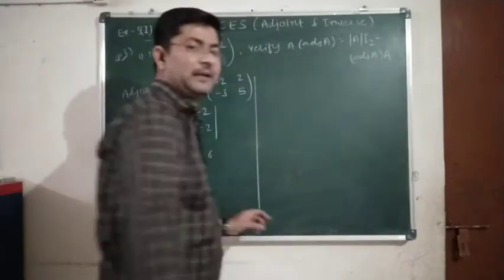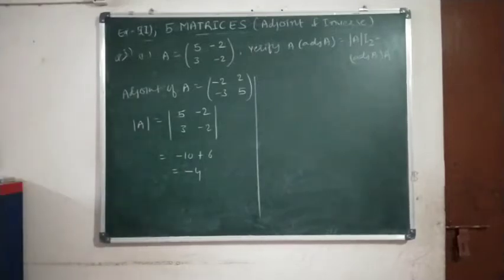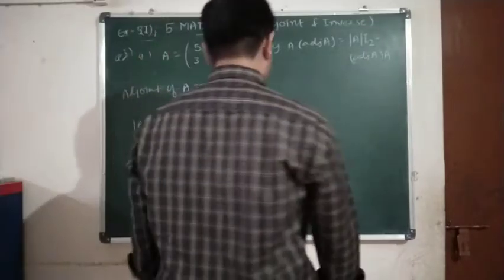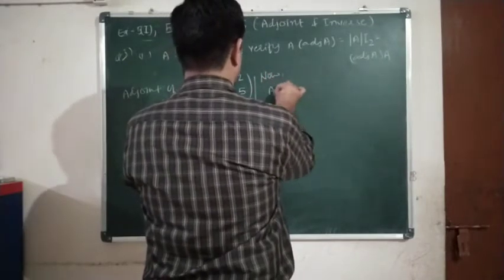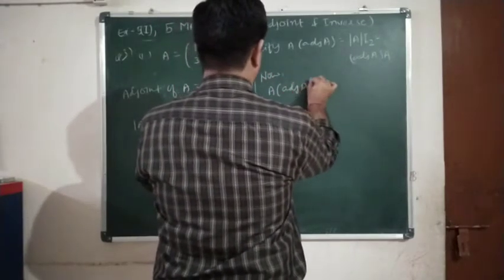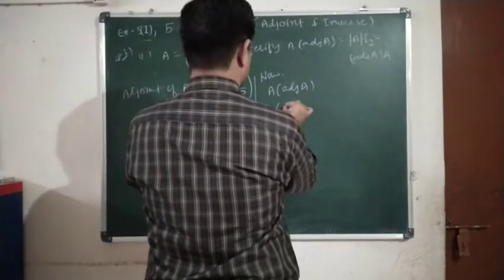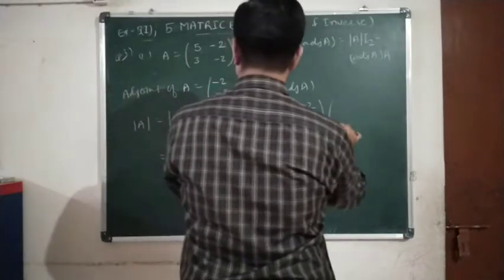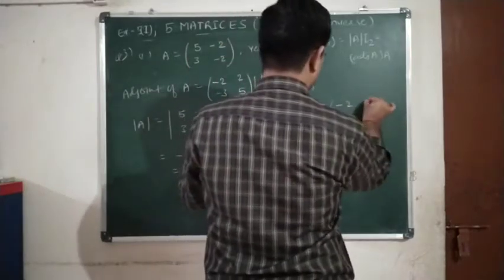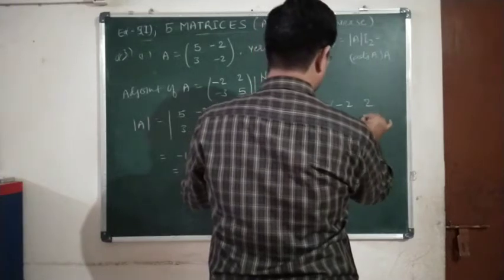Okay, now we will find out the product A into adjoint of A. So we have matrix A, that is 5, minus 2, 3, minus 2, into adjoint of A, which is minus 2, 2, minus 3, 5.